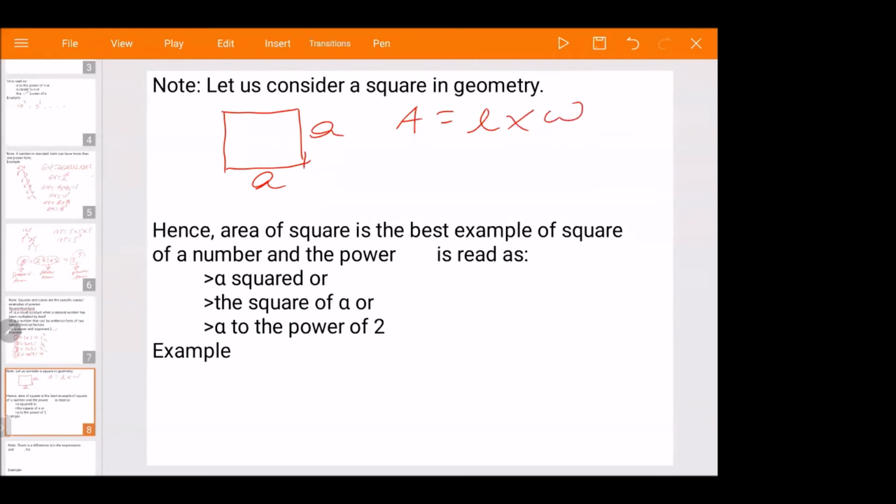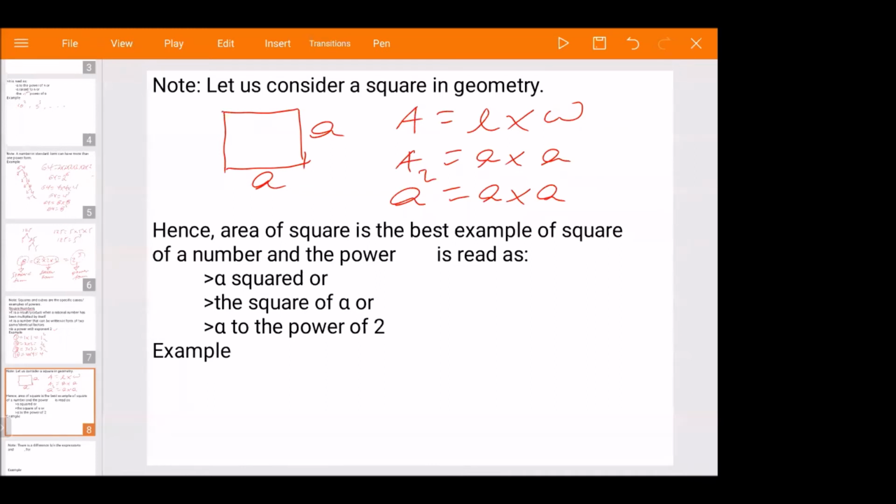So the area is A times A, which as a result is A to the power of 2. From this concept, we can understand that the area of a square is the best example to express square numbers. Most of the time, we visualize a square number using the area of a square.